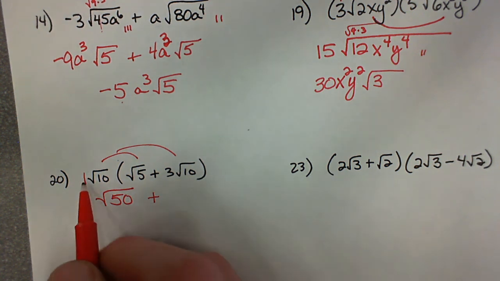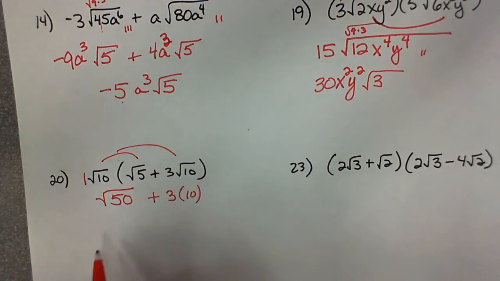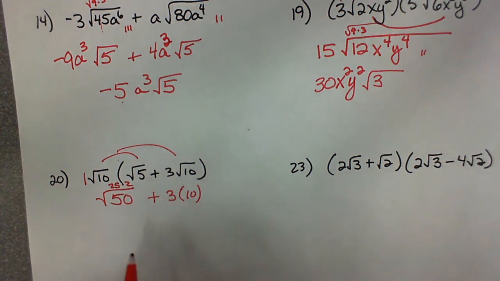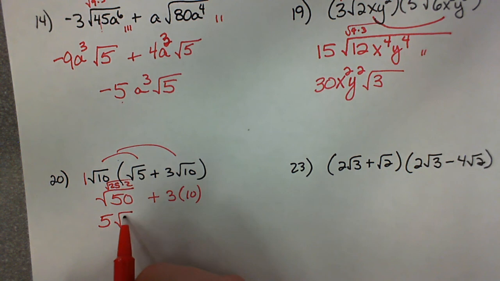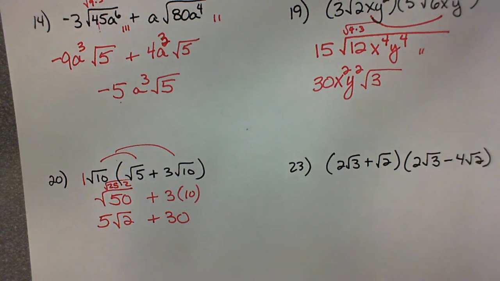There's a 1 out in front, so 1 times 3 is 3, square root of 10 times square root of 10 is 10. Now square root of 50 can be reduced. That's 25 times 2. So square root of 25 is 5, square root of 2, and then 3 times 10 is 30. So that's number 20.